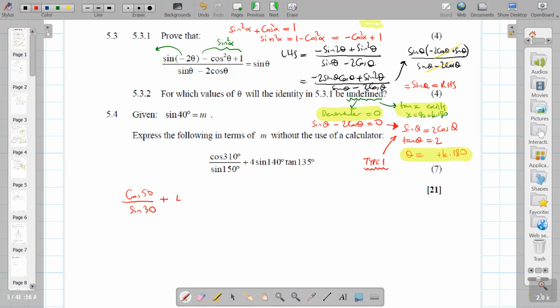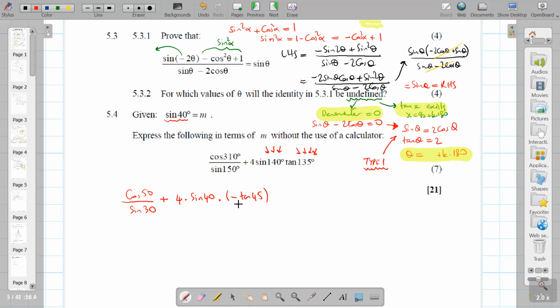I'm just rewriting the expression. 4 times sine 140. 140 is 180 minus 40, good, we have 40 anyway. So sine 40, which is positive in the second quadrant. And finally, tan 135. It's 180 minus 45, but tangent is negative, so it's negative tangent 45.